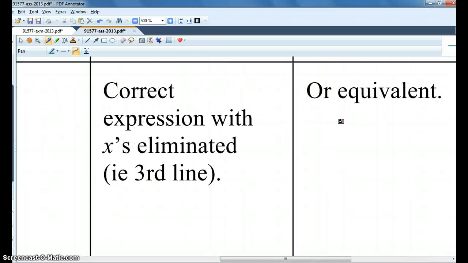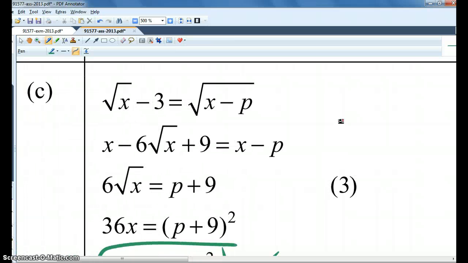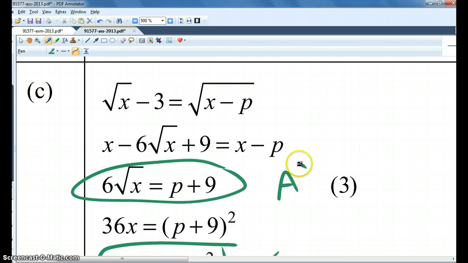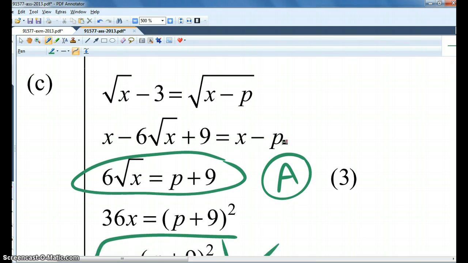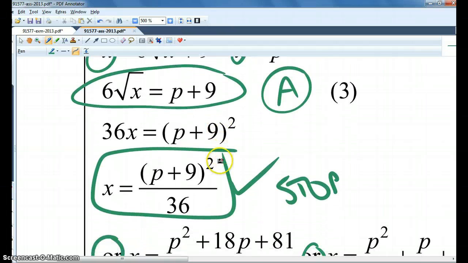Okay, so correct expression with x eliminated on the third line. So this bit here was actually achieved. So getting rid of these x's was important for achieved, and if you got to there, you got merit. Okay, nice. It's a long enough video.